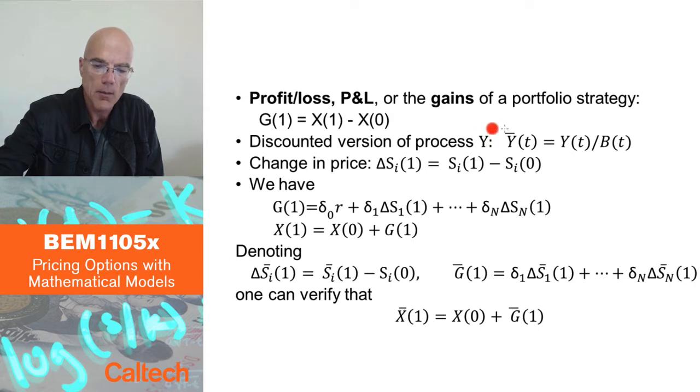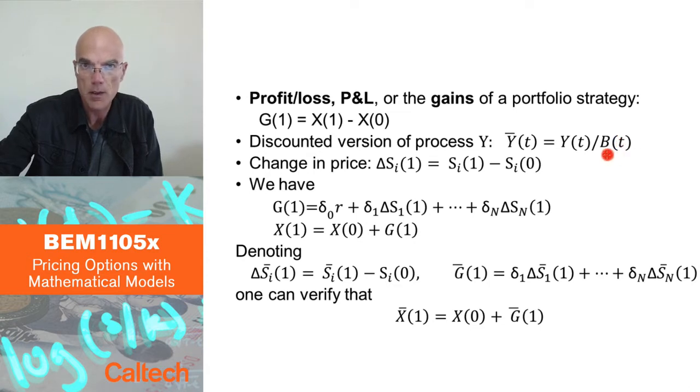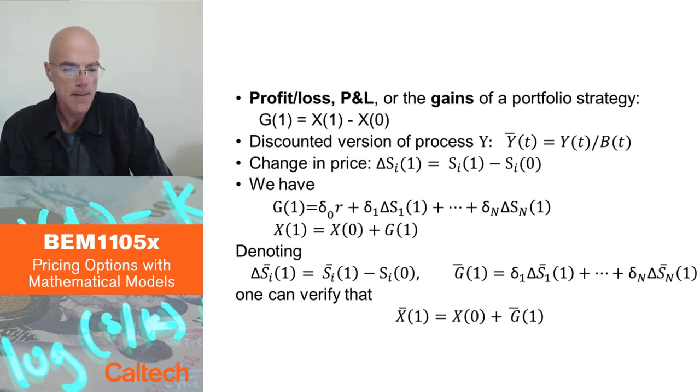So Y bar of T, bar denotes discounting. Discounting is simply dividing by the bank account. That's what discounting really means. So Y of T divided by B of T is denoted Y bar of T. More notation: the change in price of asset i is denoted capital delta Si of 1, which is Si of 1 minus Si of 0. That's the change in price over the period in asset i.